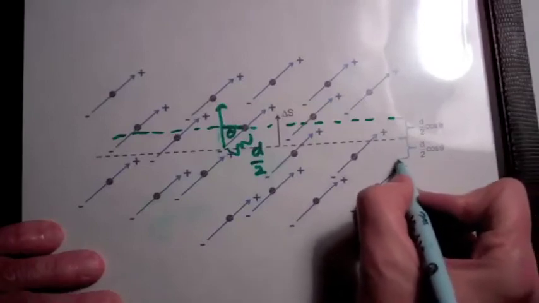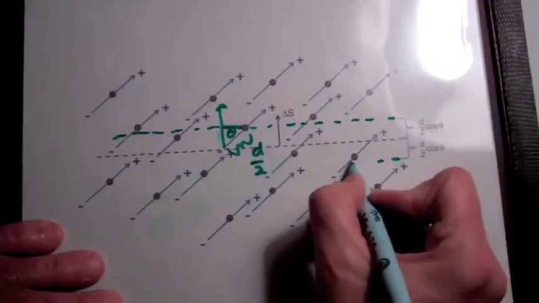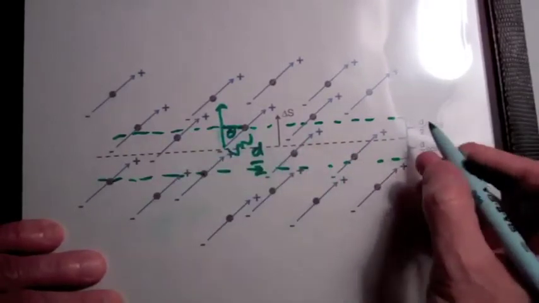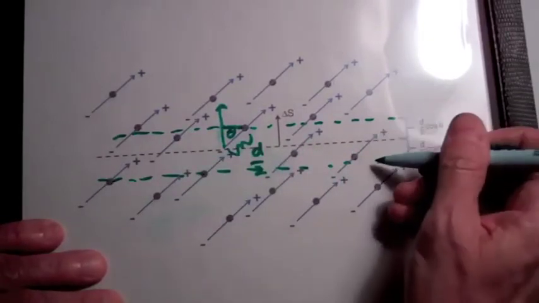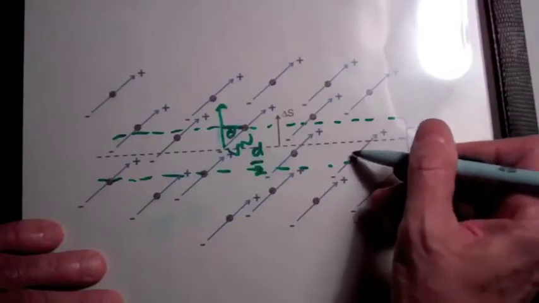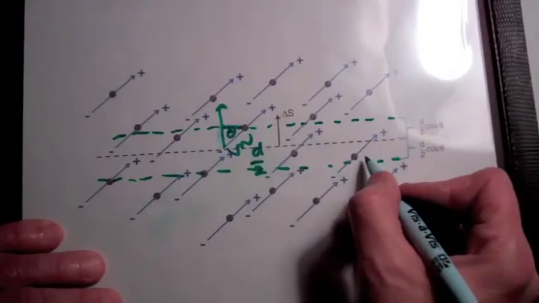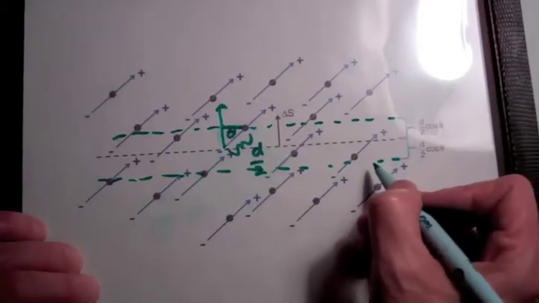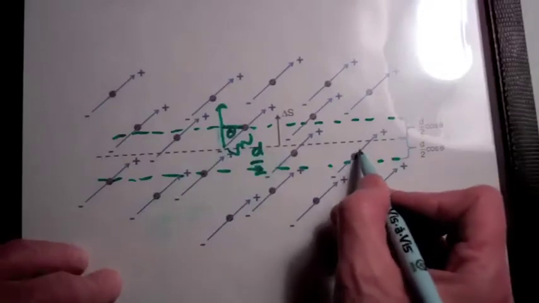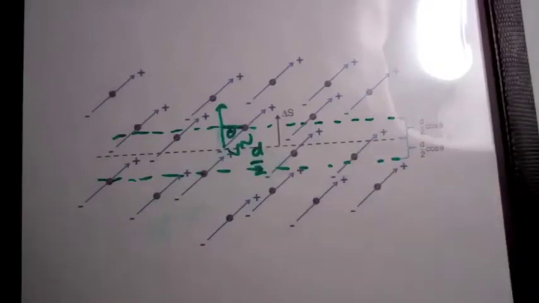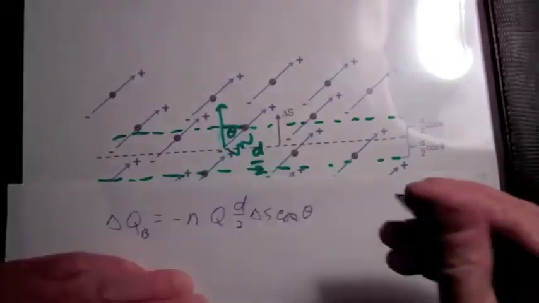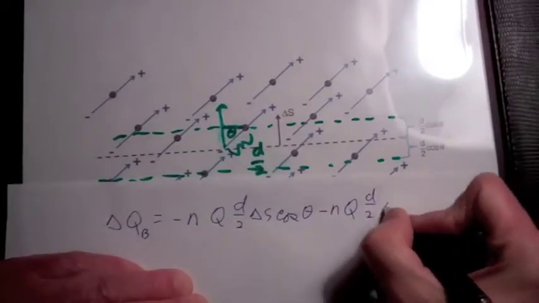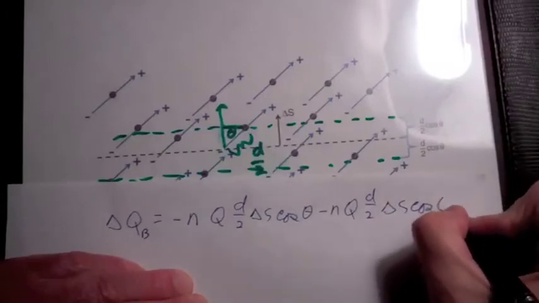Similarly, every atom within a distance d over 2 cosine of theta below our delta S interface will result in a positive charge moving up through the interface, which is a decrease of charge in our enclosed volume of minus q. So the change in the enclosed charge because of these atoms below delta S is minus nq d over 2 delta S cosine of theta.